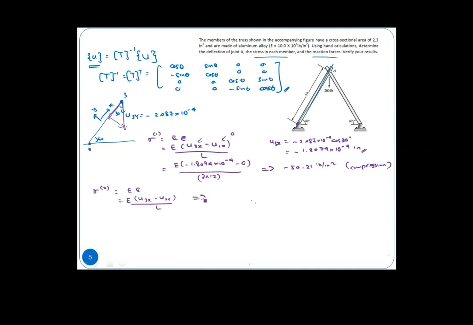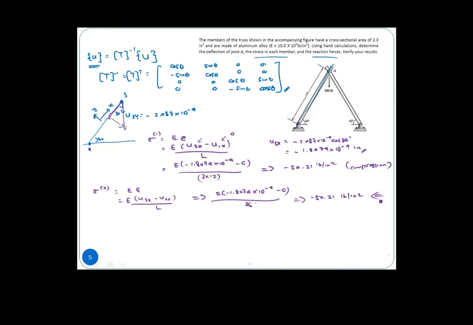So it will also give us E times negative 1.8074 times 10 power negative 4 minus 0, divided by 36, which equals negative 50.21 pounds per inch square. So that gives us the stress of each member, which is the same, negative 50.21 psi.